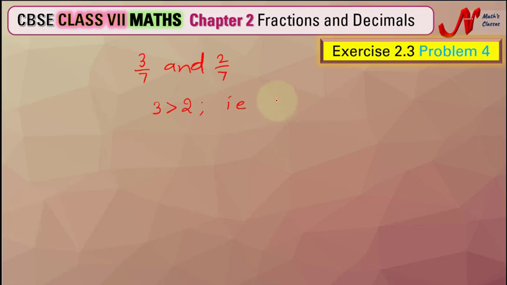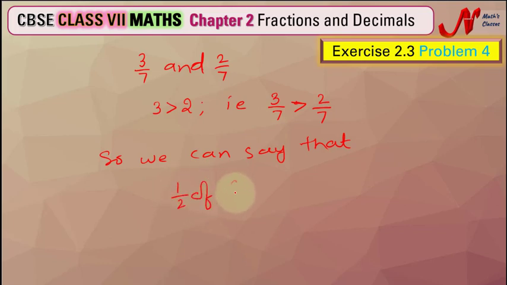That is, 3 by 7 is greater than 2 by 7. So we can say that 1 by 2 of 6 by 7 is greater than 2 by 3 of 3 by 7.